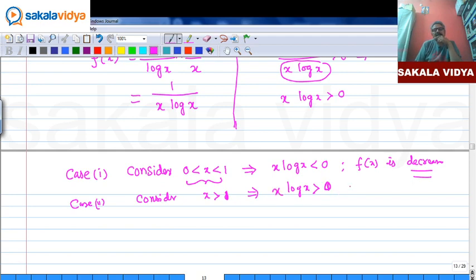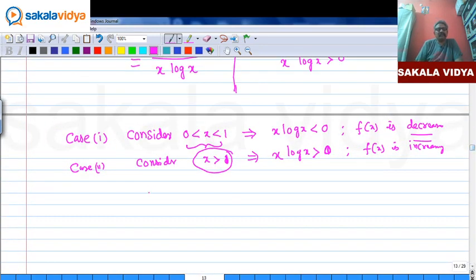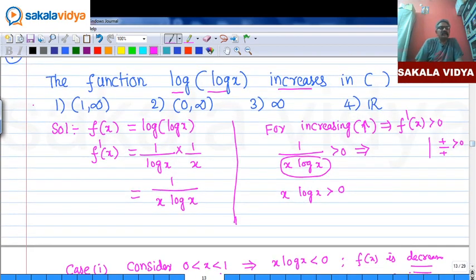So x log x is greater than 0, that means f of x is increasing. That means x must be greater than 1. So we can write the required interval is 1 to infinity. That is why the first option is the right option.